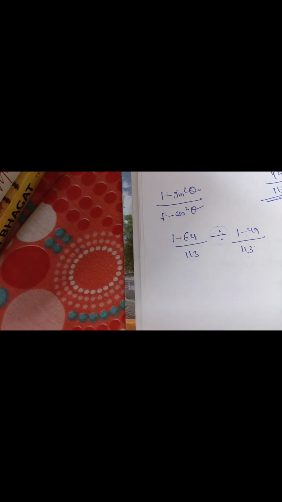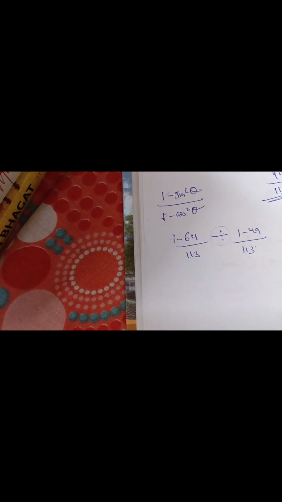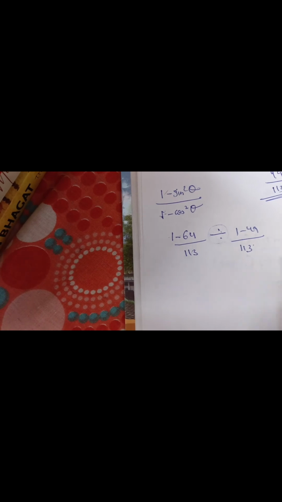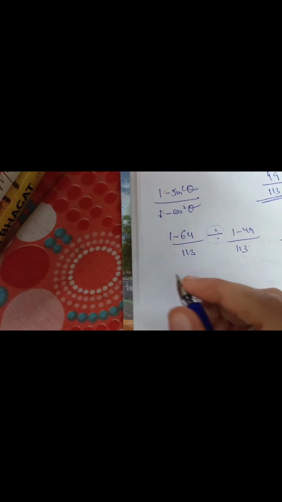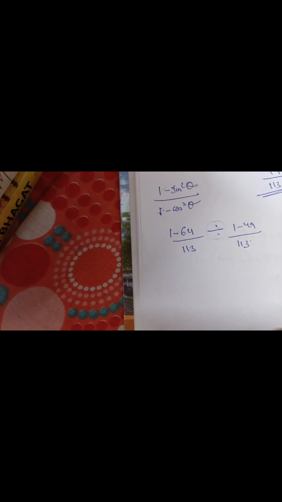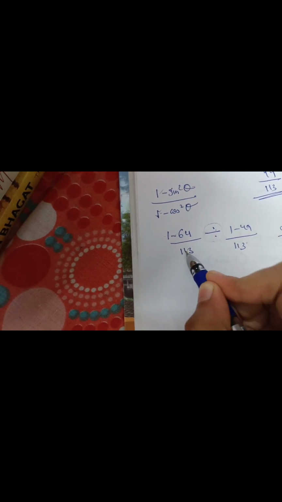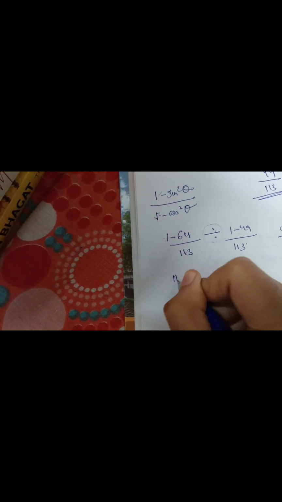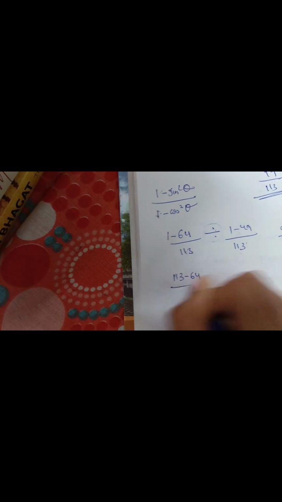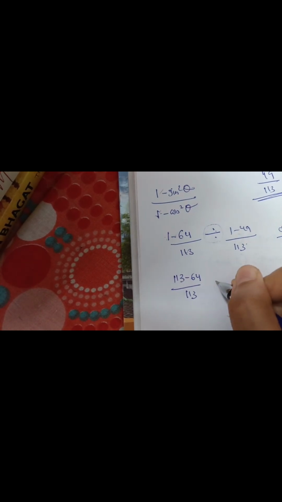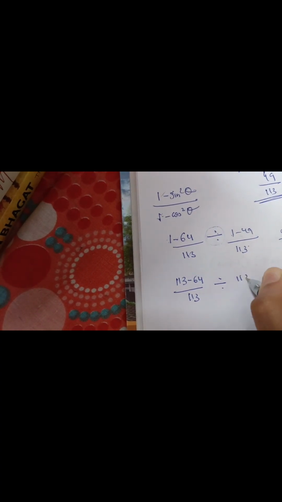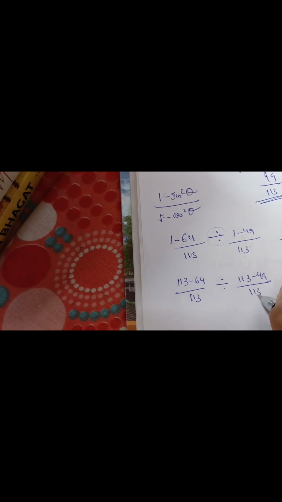To divide this, we have to do a simple but a little bit confusing step. We take this value to here, like 113 minus 64 by 113, divided by, same step here, 113 minus 49 by 113.